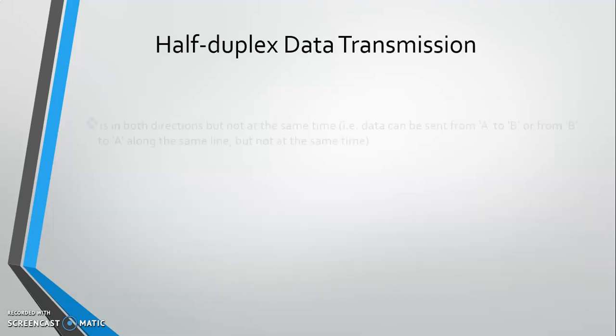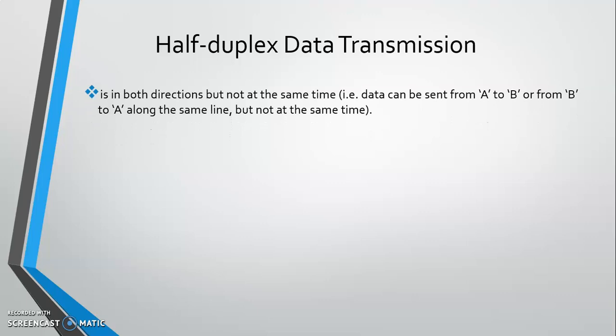Then we have half duplex data transmission. Half duplex data transmission is in both directions but not at the same time. Data can be sent from A to B or B to A along the same line but not at the same time.